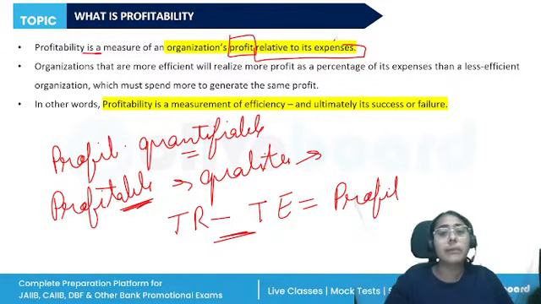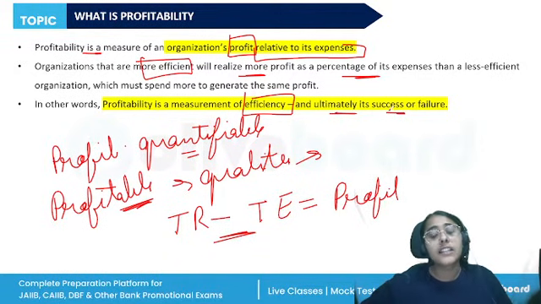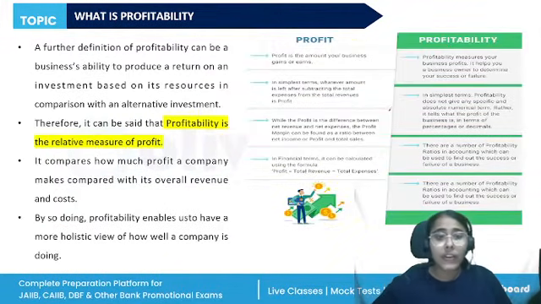Then also it will be profitability. And obviously, organizations who realize more profit as a percentage of its expenses are more efficient. So, it is a measurement of efficiency and ultimately an organization's success or failure.